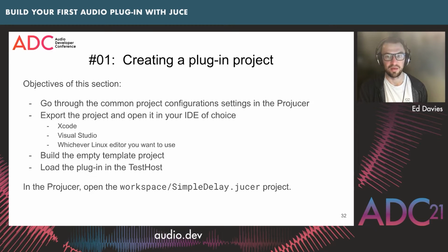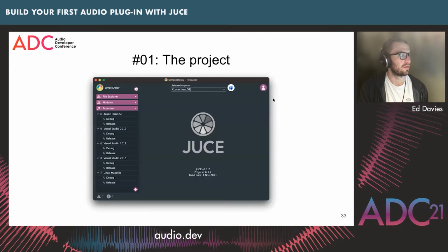So that's workspace, and then the simple delay.juicer file. If you open that with the producer, then you should be presented with this screen, which is a producer project. It's fairly simple. This is our simple delay project. So we'll just sort of go over some of the settings.